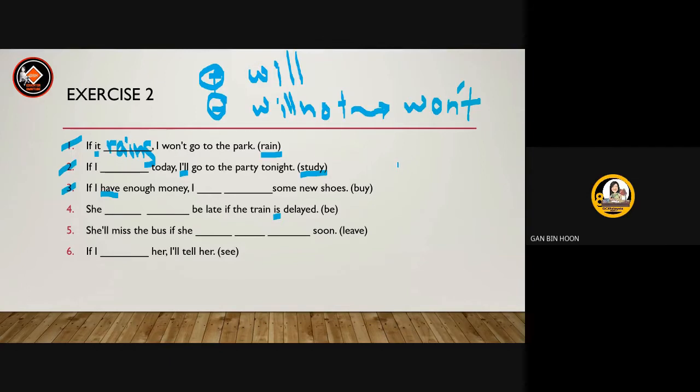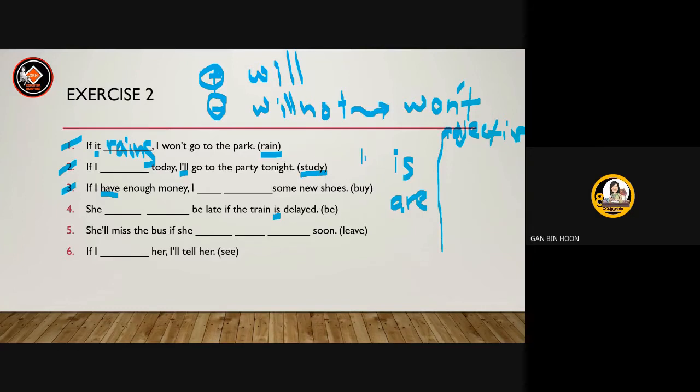Okay, when you have the word is, or when you have the word are, selepas ini adalah adjective. Because if you put a verb, dia akan jadi D. For example, let's look at the first one.